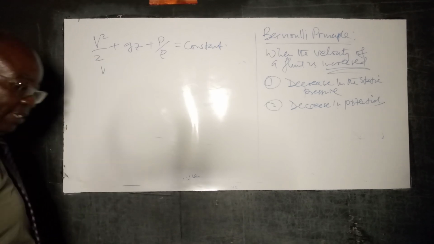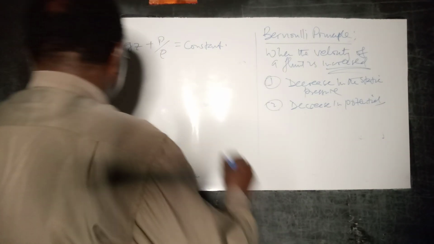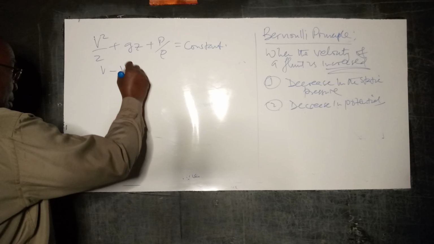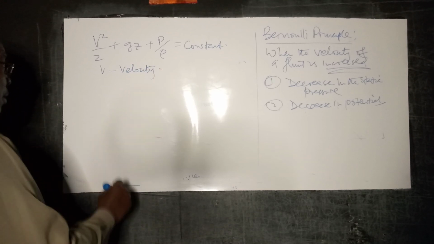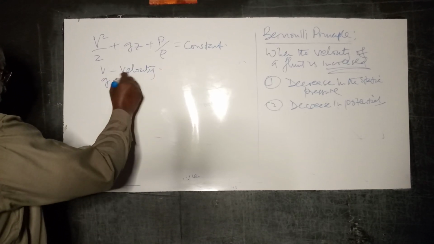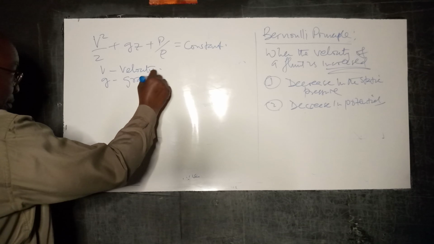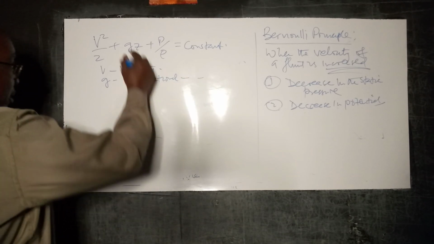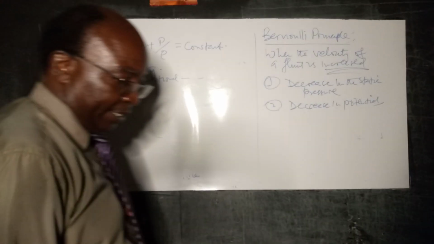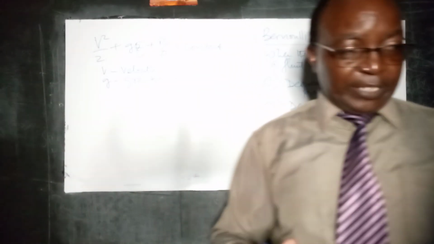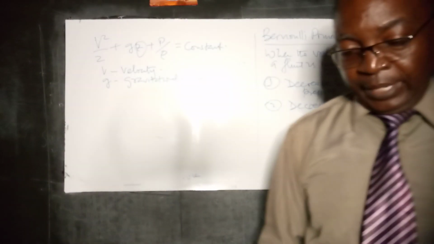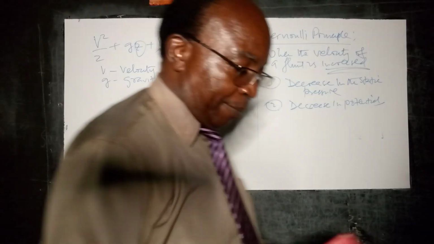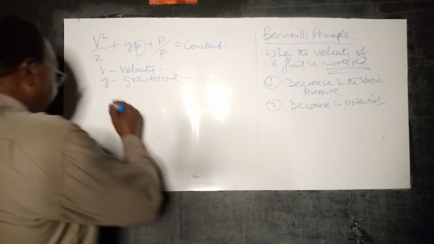Where v here is the velocity, g is the gravitational acceleration, and z is the elevation of the system from a reference point, or what we call the datum level.